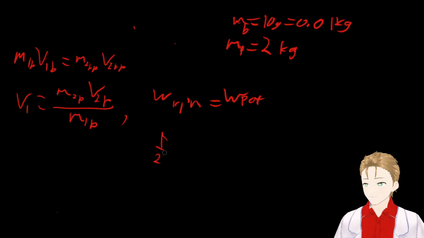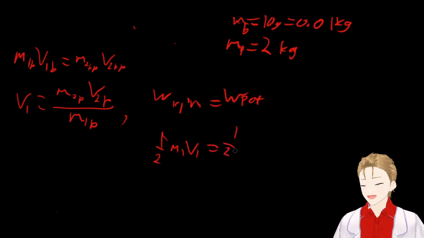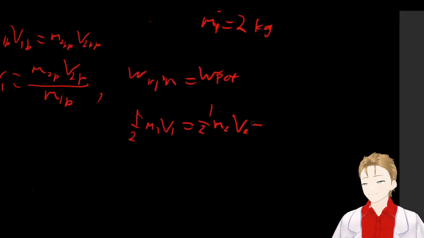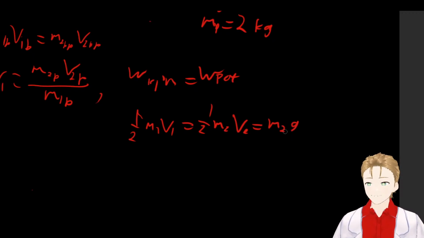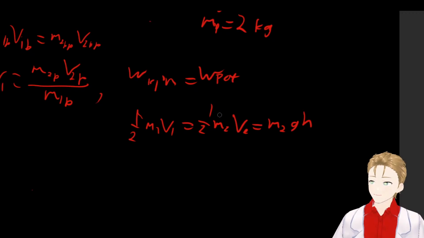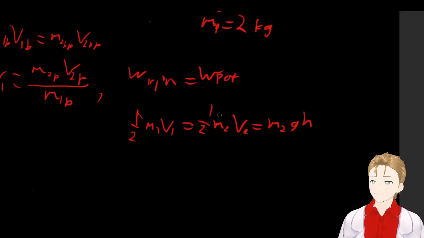Wait. We know that 1/2 mass 2 velocity 2 squared is supposed to be equal to mass 2 gh. Wait, when did I add the 2.01 into it?